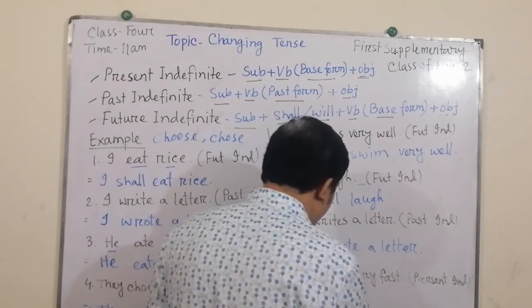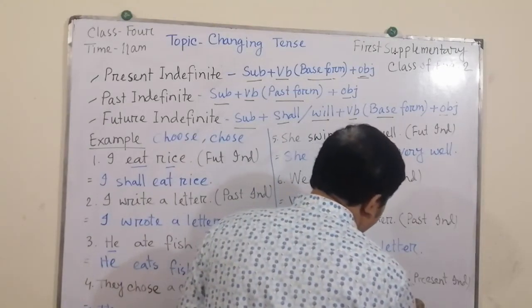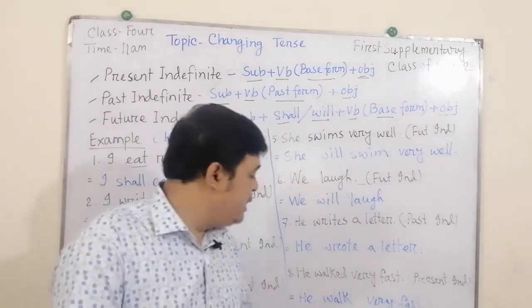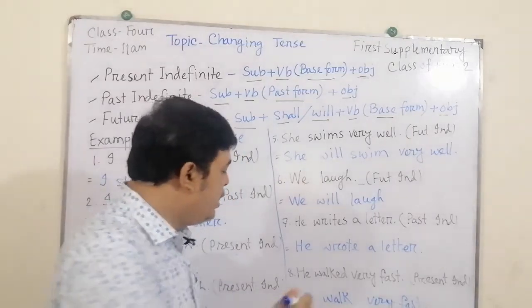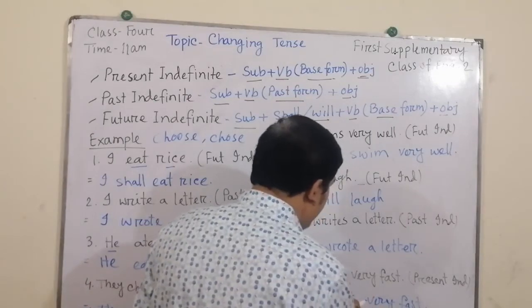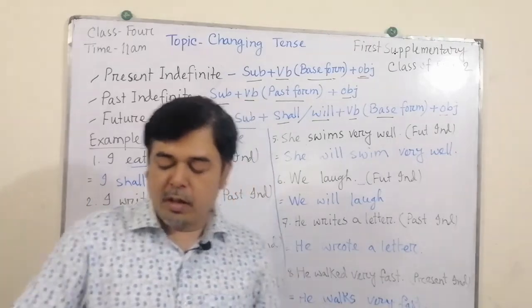He walk very fast. But is it correct? No, still there is some work, because he is third person singular number. So we will have to give an s here. Okay, so this example we have done.